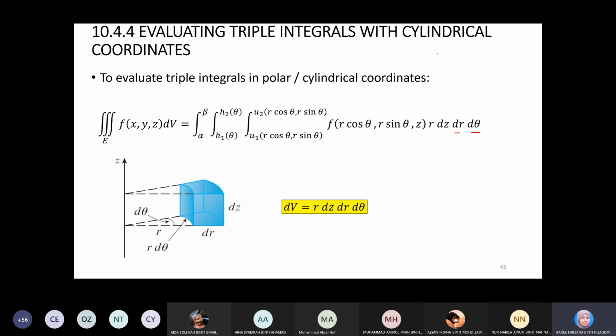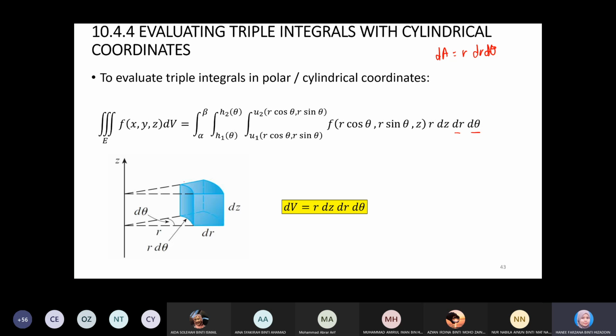In a double integral, we have dA equals r dr d theta. But for a triple integral, just imagine your cylindrical coordinates. Previously, if you cut the polar coordinates, you get polar rectangles. Now you get this shape, a polar cylinder, polar cube, whatever.